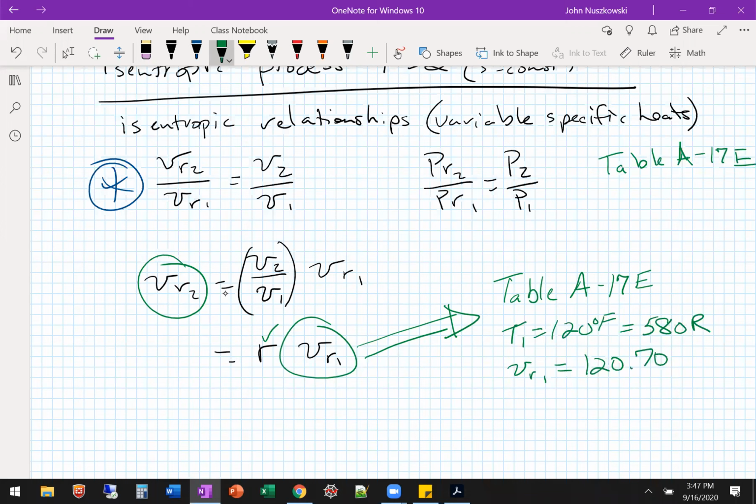So now we plug in our compression ratio and the relative specific volume, and we get the one at state 2.